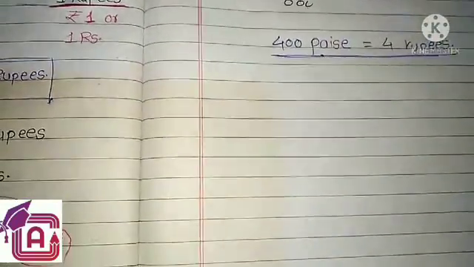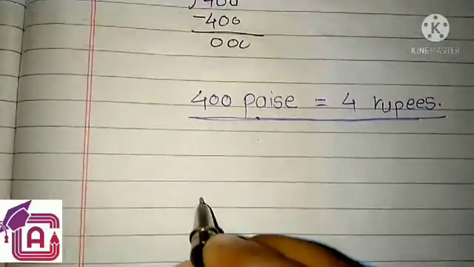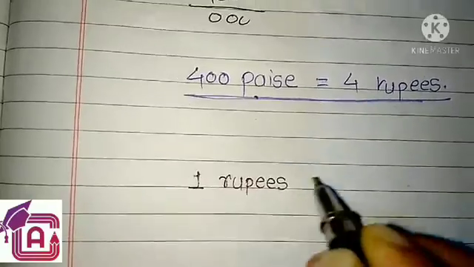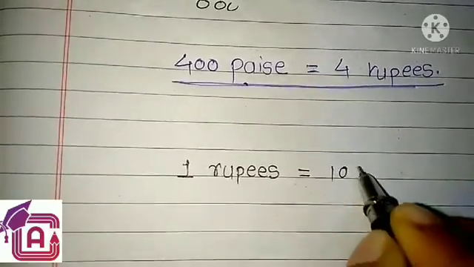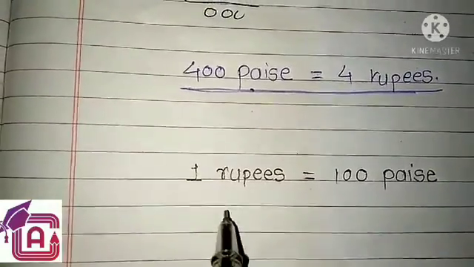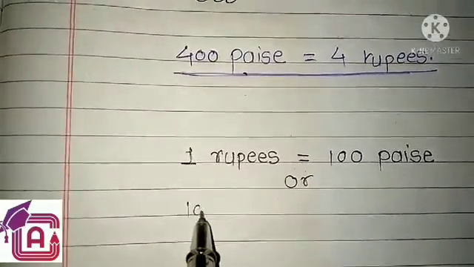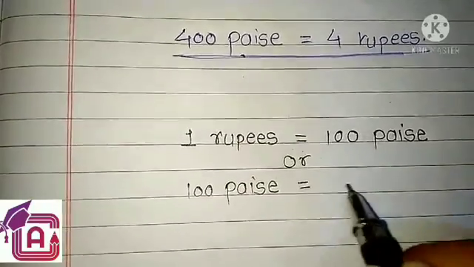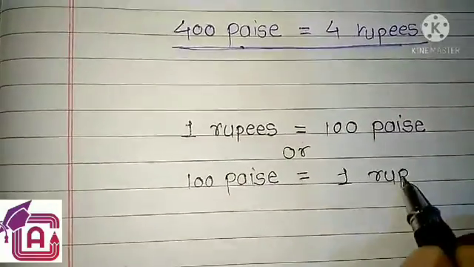Look at it. We know 1 rupee is equal to how many paise? 100 paise. Or otherwise you can write it as 100 paise is equal to 1 rupee.